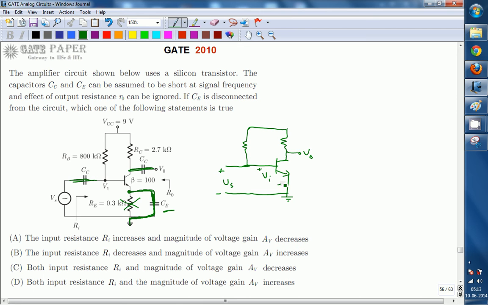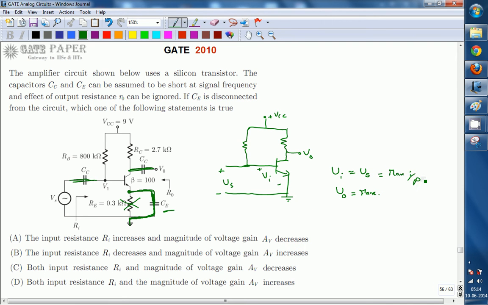This is the equivalent circuit whenever CE is considered. By that time, the effective input signal Vi is equal to Vs itself, and V0 you will get maximum, because you are applying the maximum input signal.